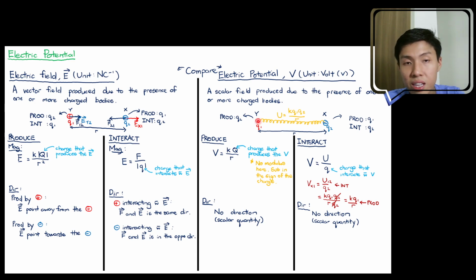It will be who is standing at Y. Q1 is standing at Y, therefore Q1 will be interacting with the electric potential at Y produced by Q2. Because Q1 interacts with the electric potential, Q1 will respond by possessing an electric potential energy, and that electric potential energy is shared with the producer of the electric potential, which is Q2. So Q1, Q2, in between them, there will be this electric potential energy.